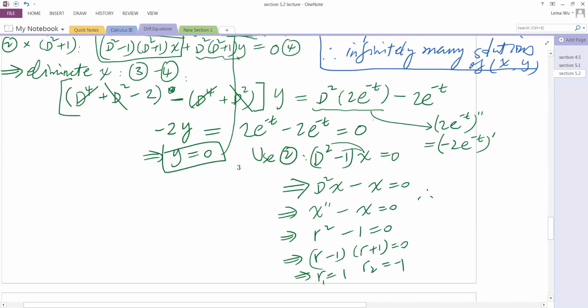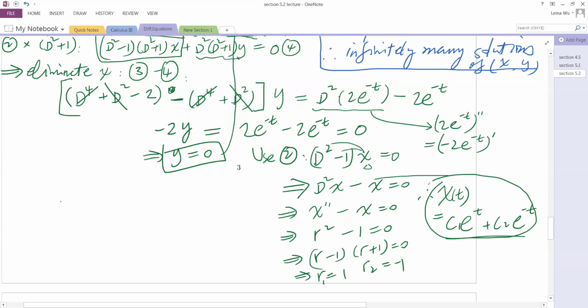So this x of t should be c1 e to the t plus c2 e to the negative t, right? Yep. That is the solution of x.